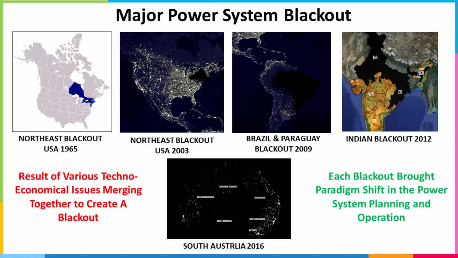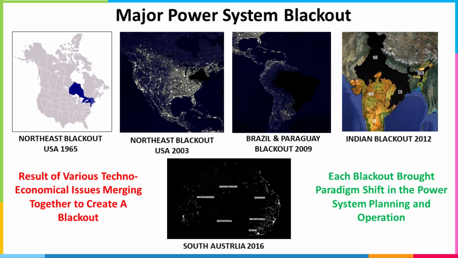Okay, so we can look into some of the large power system blackouts. Each blackout, wherever it has occurred, comes with some lessons. These lessons have to be learned in a very hard manner, and you have to take a lot of action. You have to do long-term planning and short-term planning so that such events do not reappear or repeat in the system.